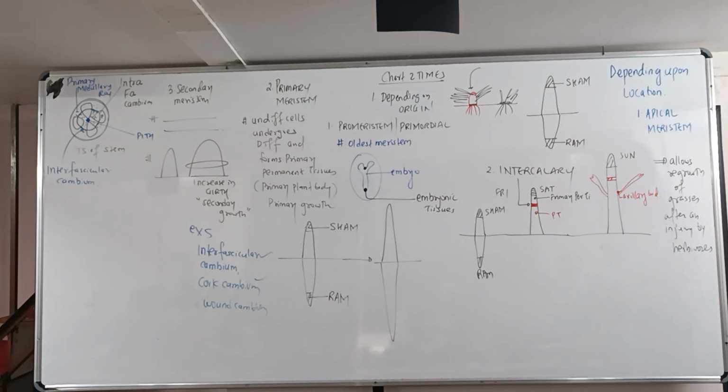So intercalary meristem is an example of a primary meristem depending upon its origin, and depending upon its location, it will be called intercalary. Why is it called intercalary? Why do you use the word inter? Because it is sandwiched between two.